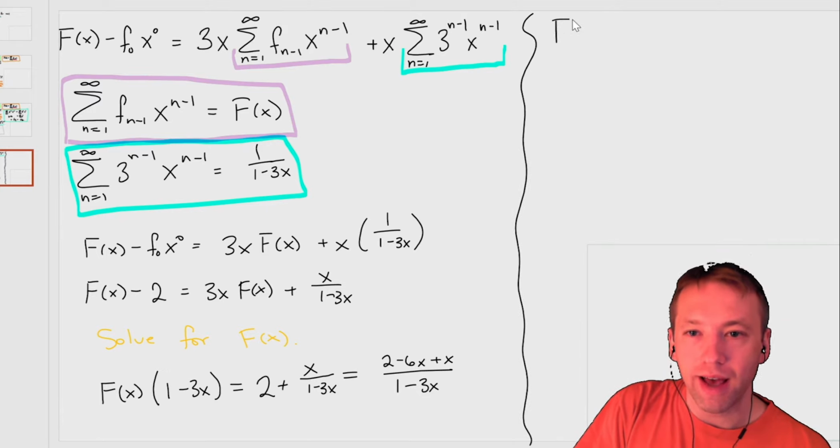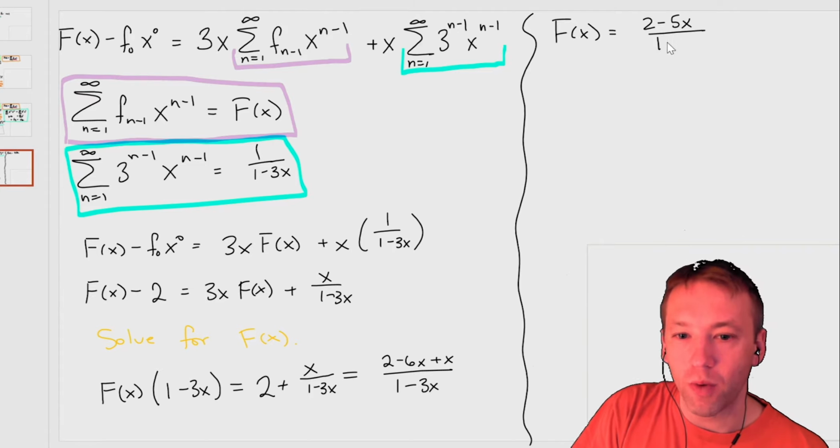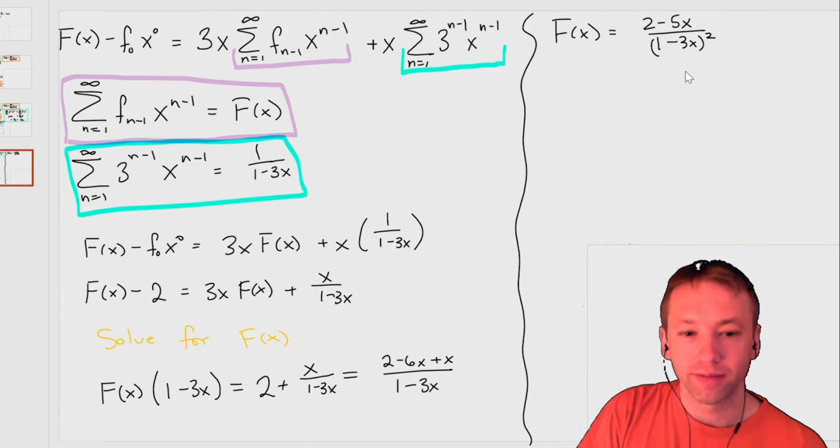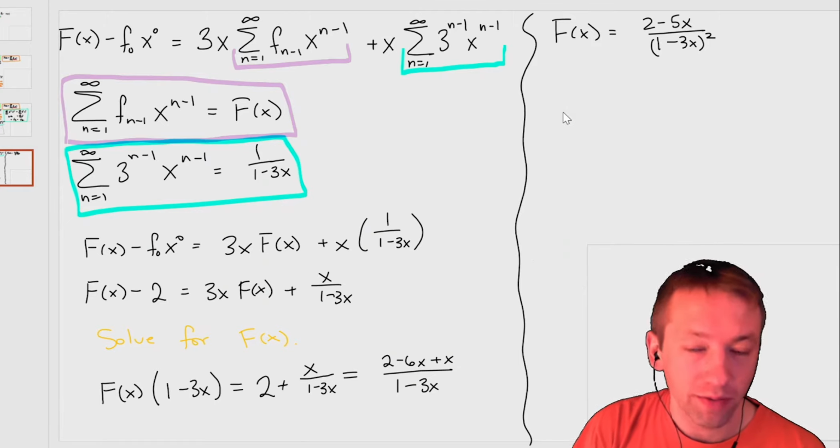And so what we get now is that f of x is equal to 2 minus 5x over 1 minus 3x squared.